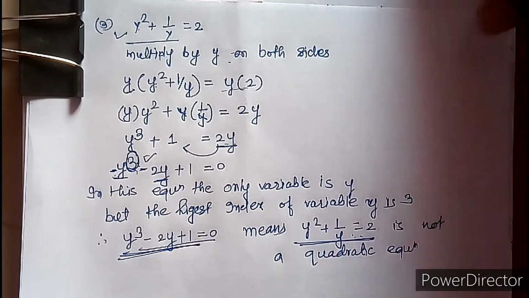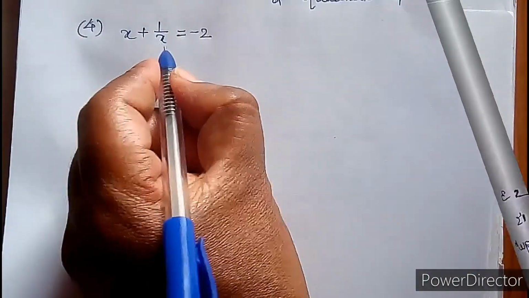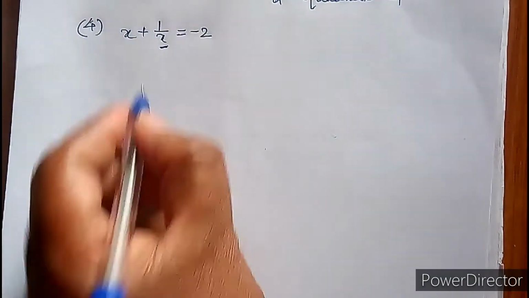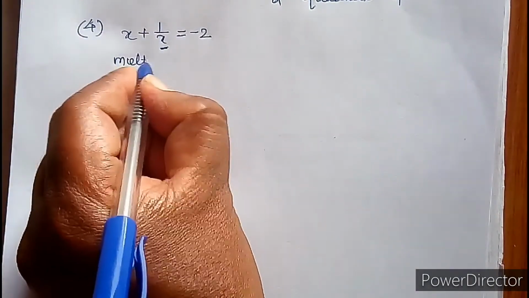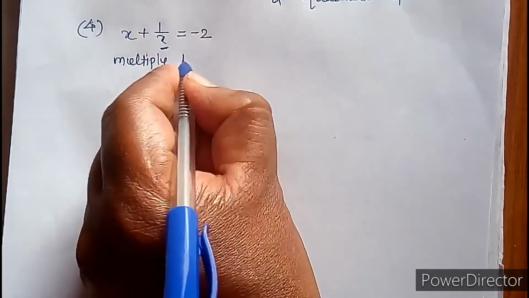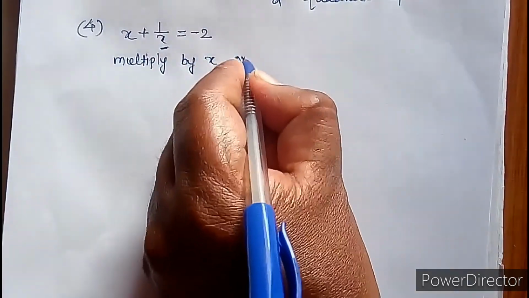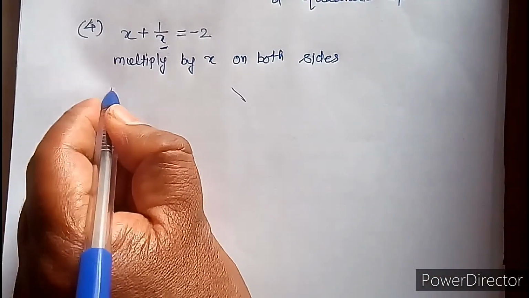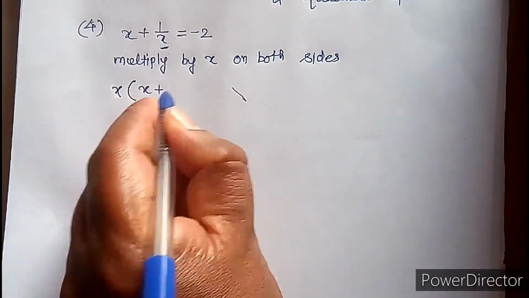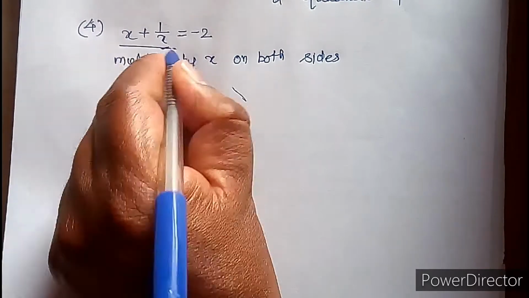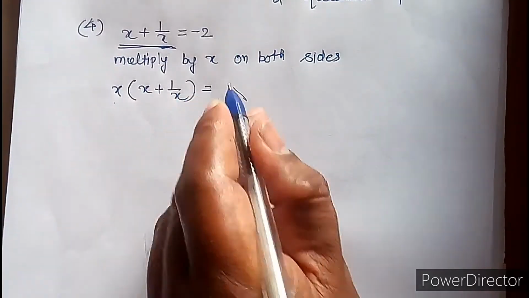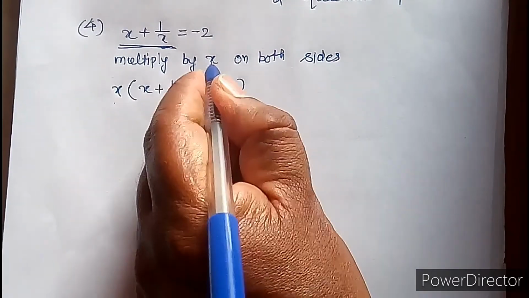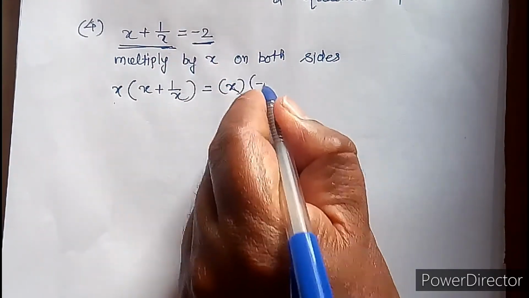Here x is in a fraction, therefore multiply by x on both sides. What we get: x into x plus 1 by x, we are multiplying x on both sides, equals x into minus 2.